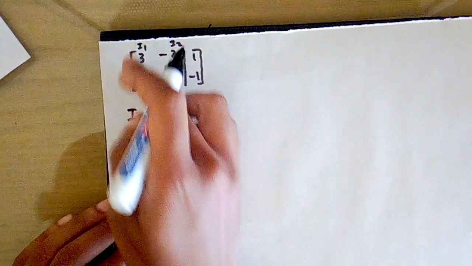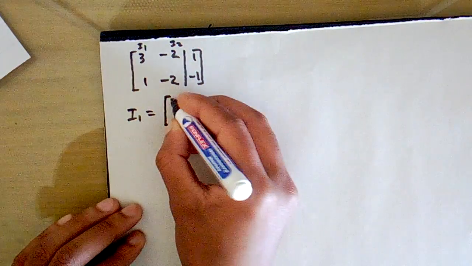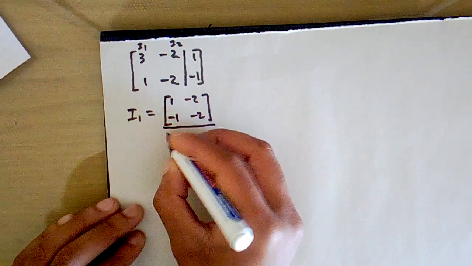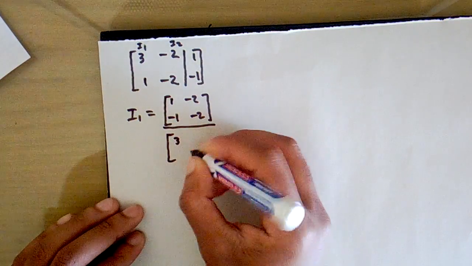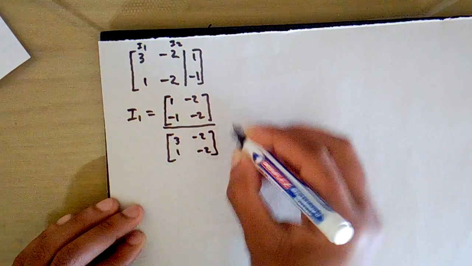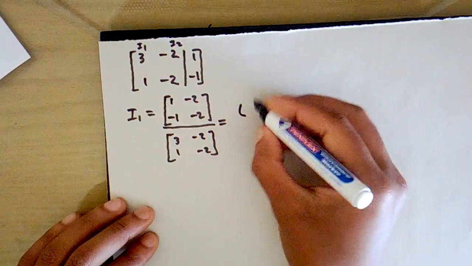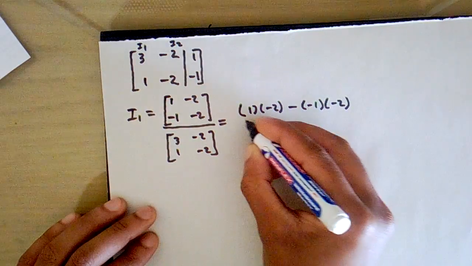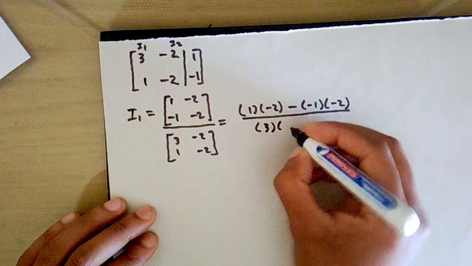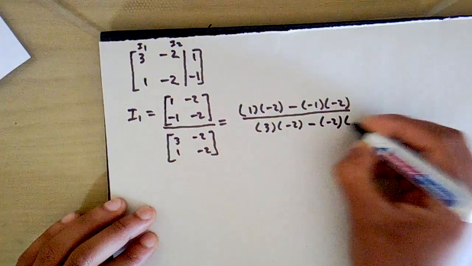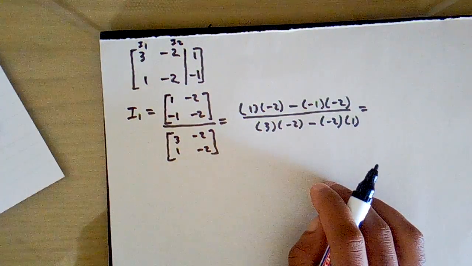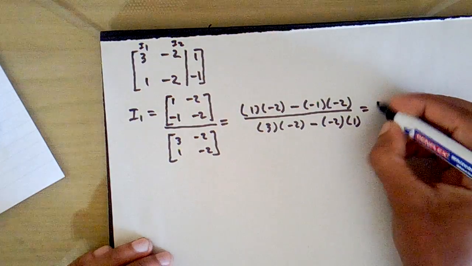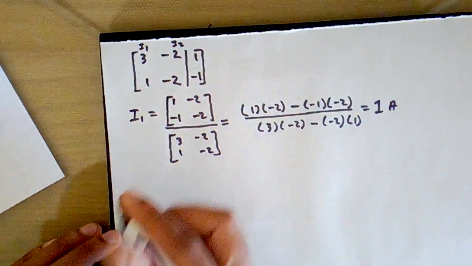So we write 1 here, and negative 1, and negative 2 and negative 2 in the denominator. This is calculated as 1 times negative 2 minus negative 1 times negative 2, over 3 times negative 2 minus negative 2 times 1. Our answer is 1.